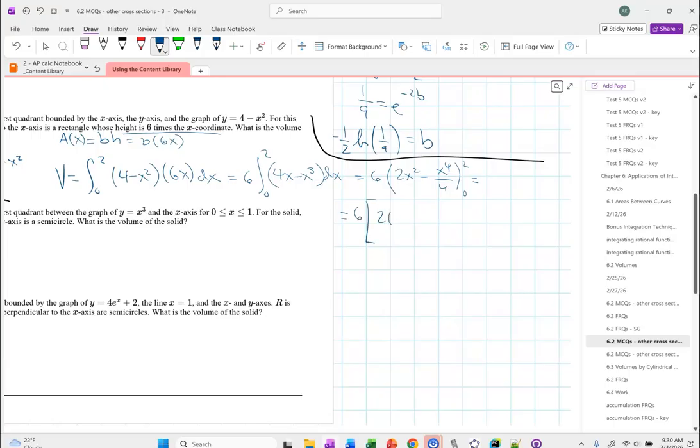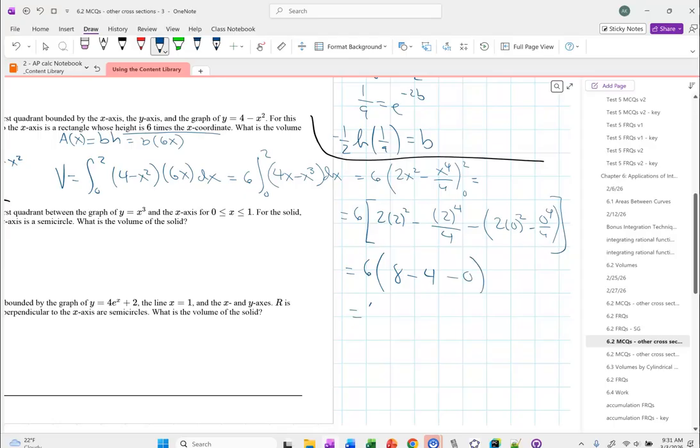So I'm going to have 8 minus 4, and then thankfully 0. So that should be 2 to the 4th, so that's going to be just 4, and then 0.